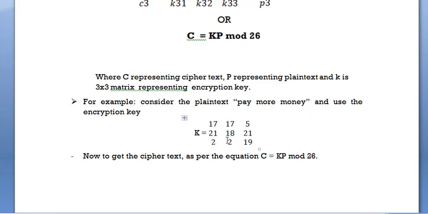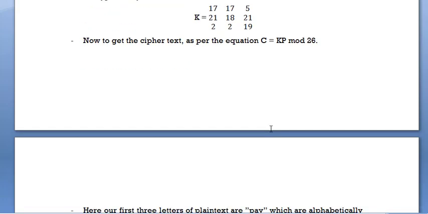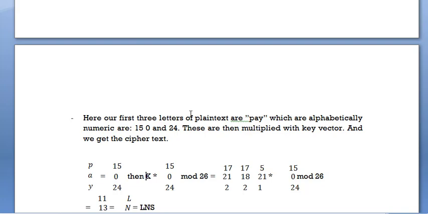K is our key given to you. Now the plain text we are taking first is PAY. We need to find out the values of PAY. Here the first 3 letters of the plain text are PAY, which are alphabetically numeric. P has value 15, A has value 0 and Y has value 24.